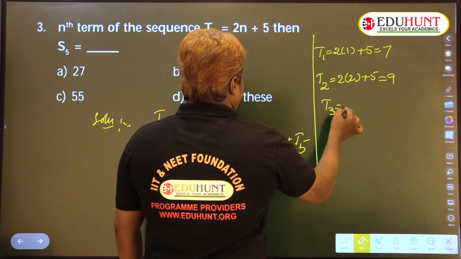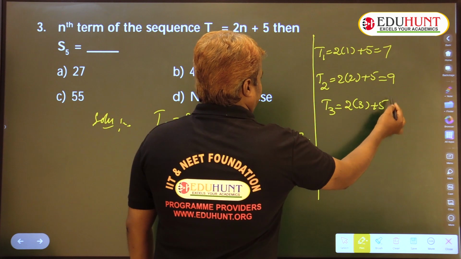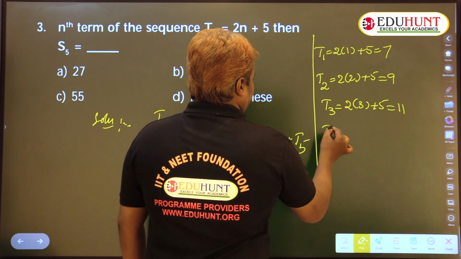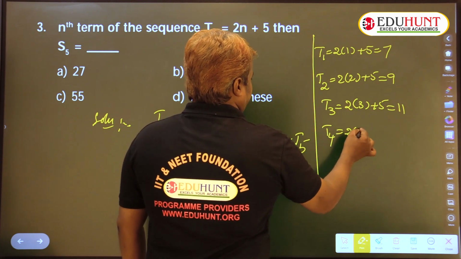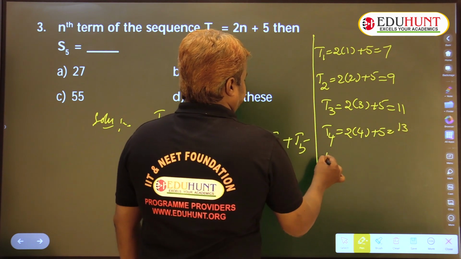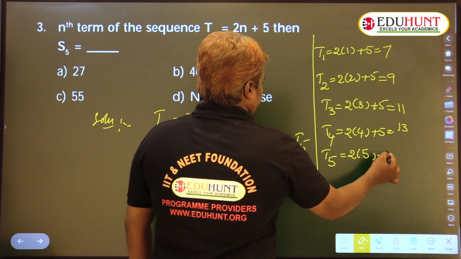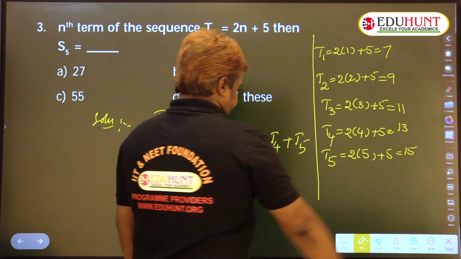T3 is 2 into 3 plus 5, that is 6 plus 5, which is 11. T4 is 2 into 4 plus 5, 8 plus 5, 13. T5 is 2 into 5 plus 5, that value is 15.